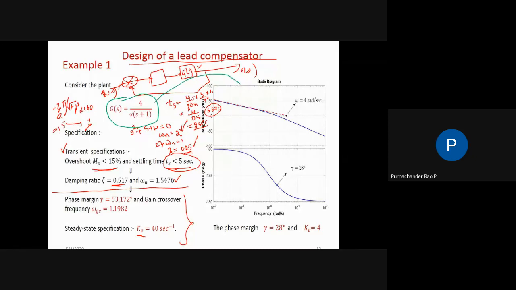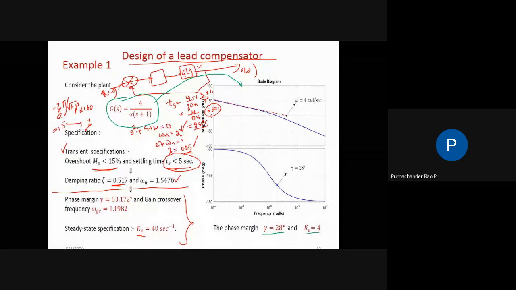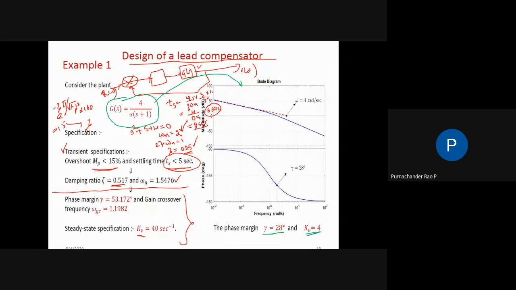This system is given to you, and for this system the Bode diagram is like this. From this Bode diagram, we observe that the phase margin is 28 degrees and Kv is equal to 4. The phase margin is obtained where the Bode plot crosses 0 decibels.